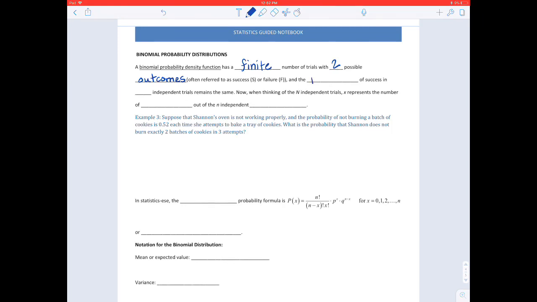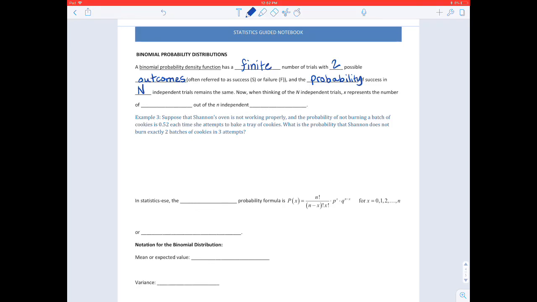And the probability of success in independent trials remains the same. So that's a little redundant to say, because remember, you had to have the same probability of success to be independent.